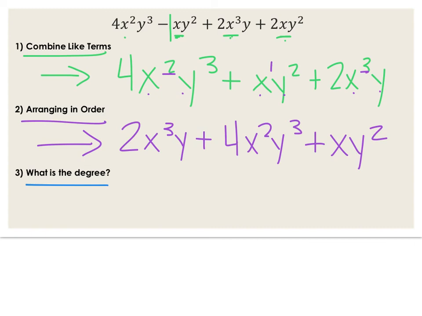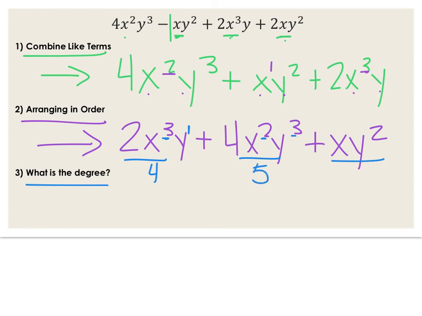Now I have to decide what is the degree of the polynomial. I determine the degree by taking all these monomials and adding their exponents together. Whichever one's the biggest is the degree of the polynomial. So this guy has an exponent of 3. He's got a secret exponent of 1. So this monomial has a degree of 4. This guy's 2. This guy's 3. 2 plus 3 is 5.